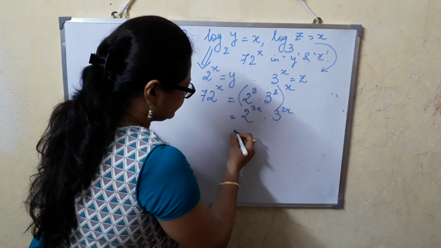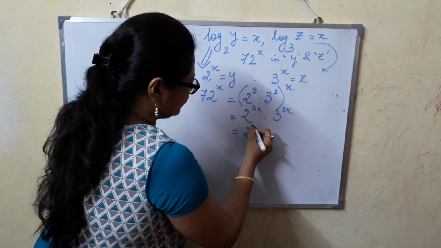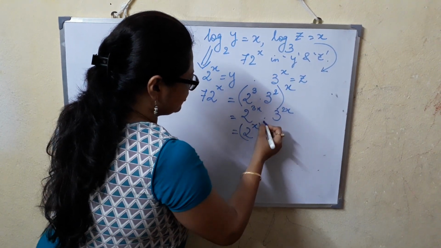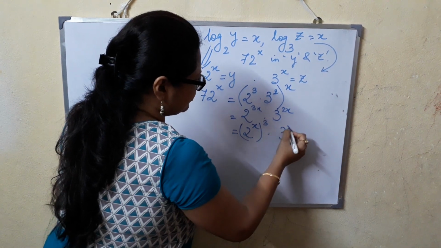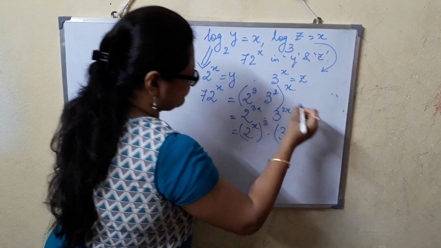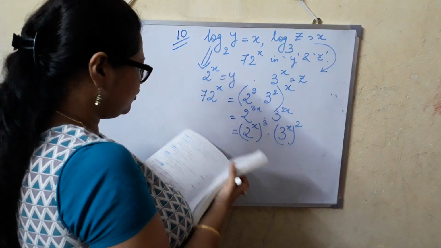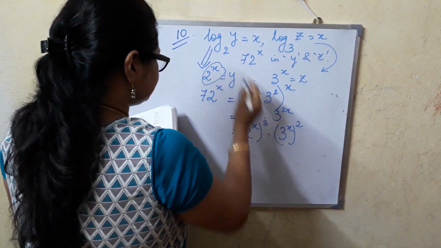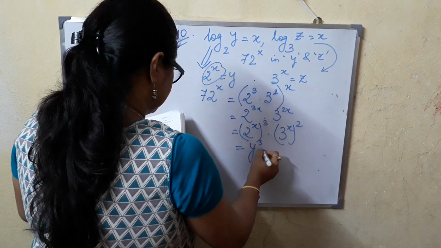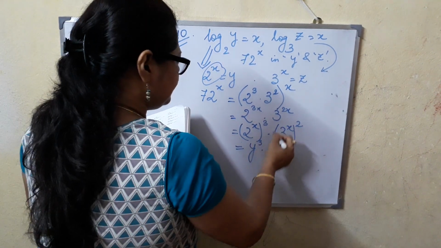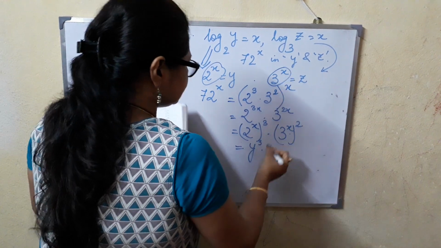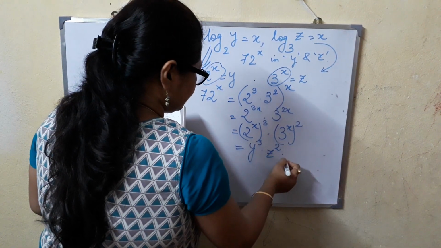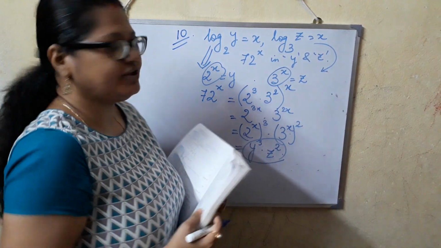Alright. Again, 2 to the power of x whole cube, 3 to the power of x whole square. Okay. So, what do we have? We have 2 to the power of x means y cube, and 3 to the power of x means z square.